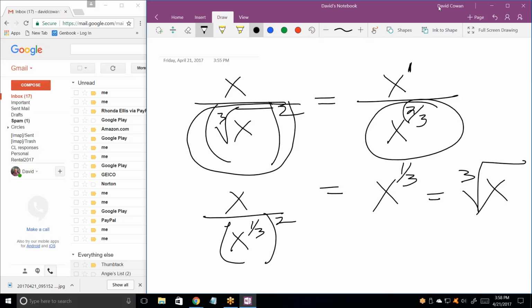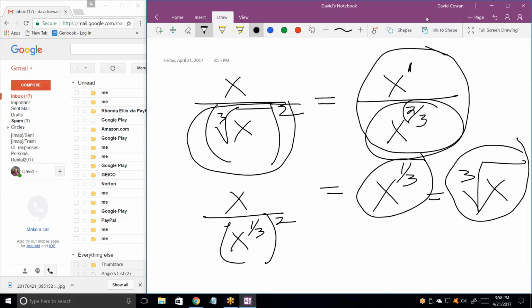But after you get, is that the answer though? Like 3 to the x? No, that's not 3 to the x. That's x to the 1/3, or cube root of x. But that's the answer, cube root x? Yeah, because what I had was x to the 1 divided by x to the 2/3.